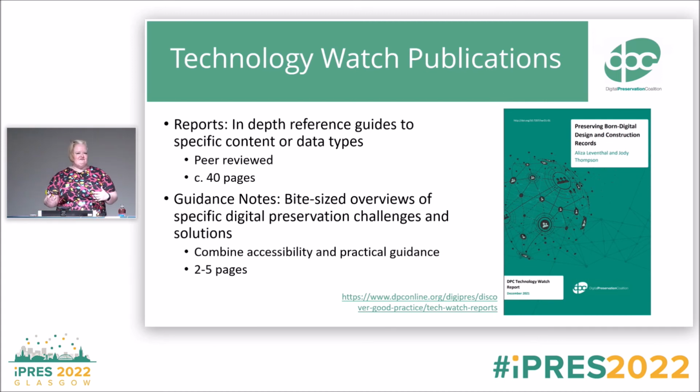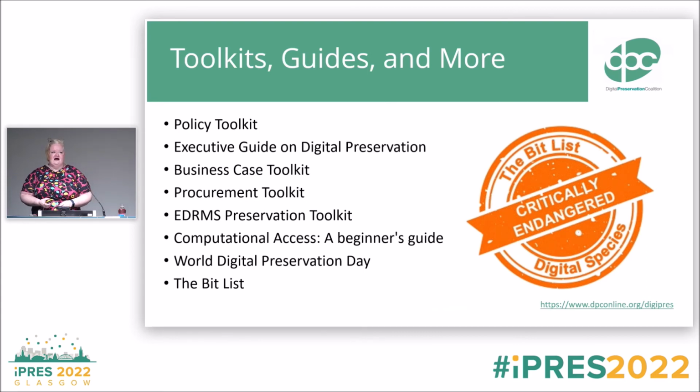So they're easy reads that will give you an introduction and some practical tips on the topics that they cover. And there's a really nice suite of guidance notes on common file formats that I recommend having a look at. We have a whole range of toolkits, guides, and more as well. So Roxana mentioned we've got a toolkit for helping you to develop policy at your organisation.